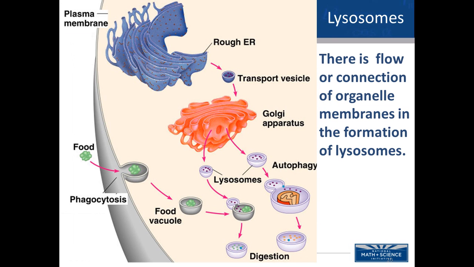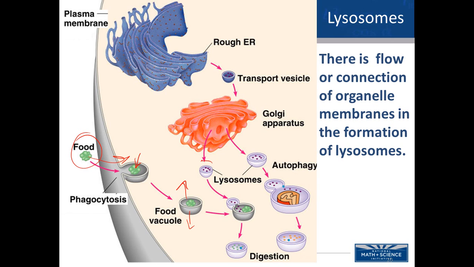Now, the Golgi apparatus also seems to be involved in the production of an organelle called the lysosome. Now, the lysosome is only found in an animal cell, or some certain protists. So let's suppose that we have a food particle that's going to enter the cell through phagocytosis. Now, this food particle is inside the vesicle, and in order for the nutrients to get out into the cytoplasm, it has to be digested.